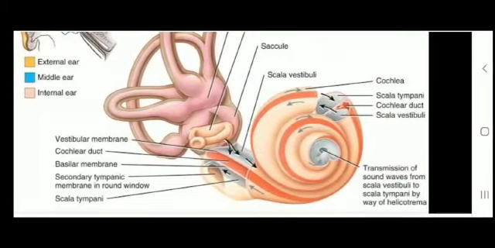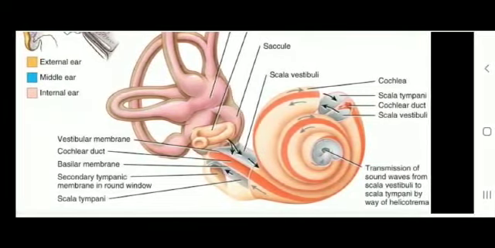Around the modiolus, winding spirally like the thread of a screw, a thin plate of bone called the osseous spiral lamina divides this bony cochlea incompletely, and this gives attachment to the basilar membrane. In this bony cochlea we have two membranes, the basilar membrane and the Reissner's membrane.